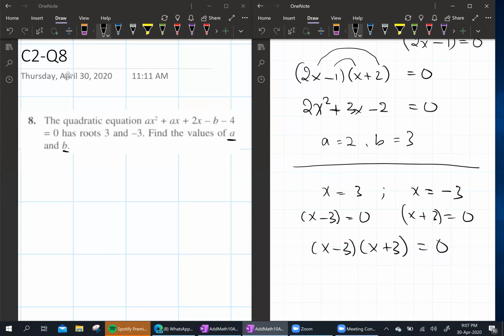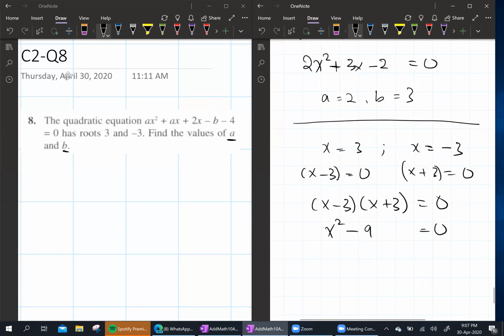So you get x squared minus 9. Then you look at this equation. This is ax squared plus Ax plus 2x, this whole thing is equal to x squared minus 9.